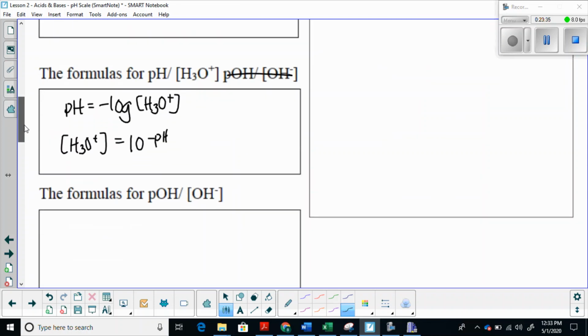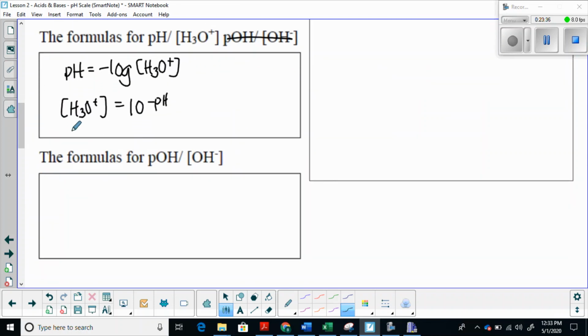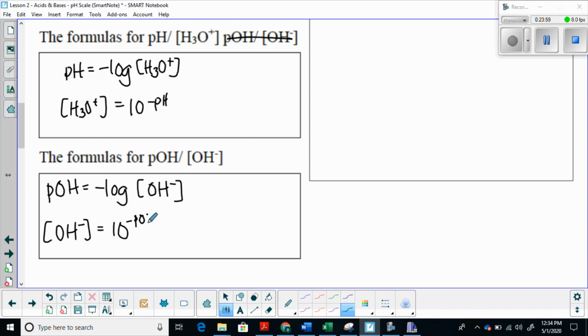One more set of formulas here for you. POH is equal to negative log of your hydroxide concentration, and your hydroxide concentration is equal to 10 to the power of negative POH.